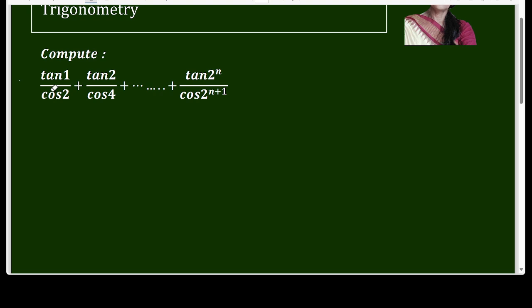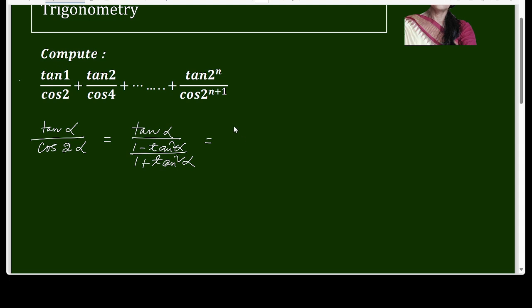I am writing the general term, that is, tan alpha over cos twice alpha; all are double of that, if you observe. Then next I'll put the formula for cos 2 alpha, that will be 1 minus tan square alpha over 1 plus tan square alpha.